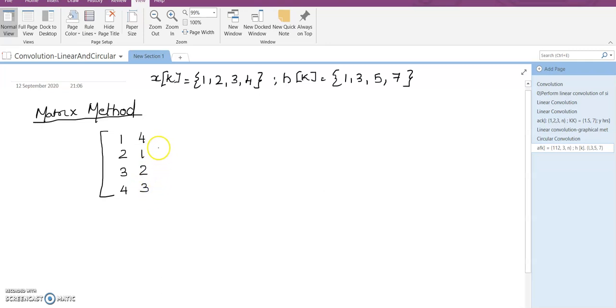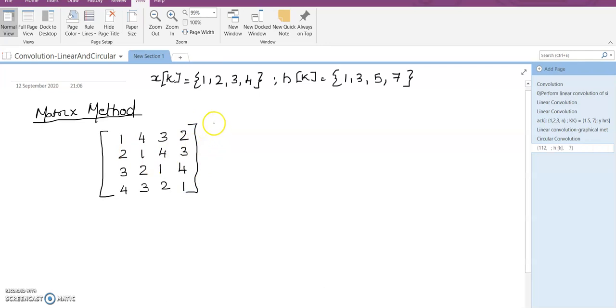Then the next column will have this 3 coming on top, so it will be 3, 4, 1, and 2. And as the last column, you have 2 on top, then 3, 4, and 1. There is a reason I don't write the next column: if I did, the element coming on top would give exactly the first column, which is the case for a periodic signal.